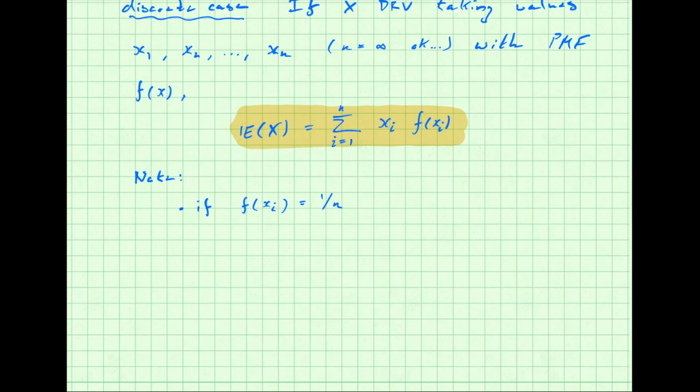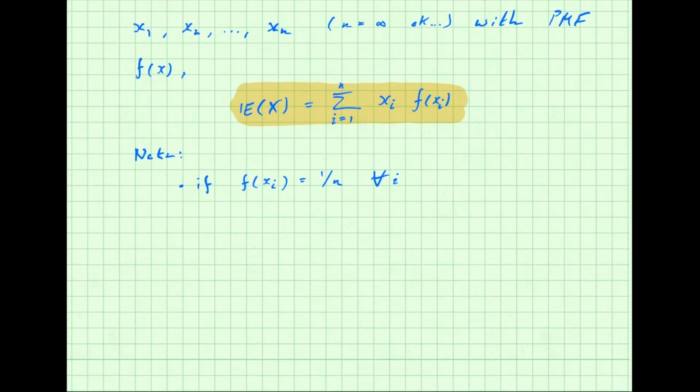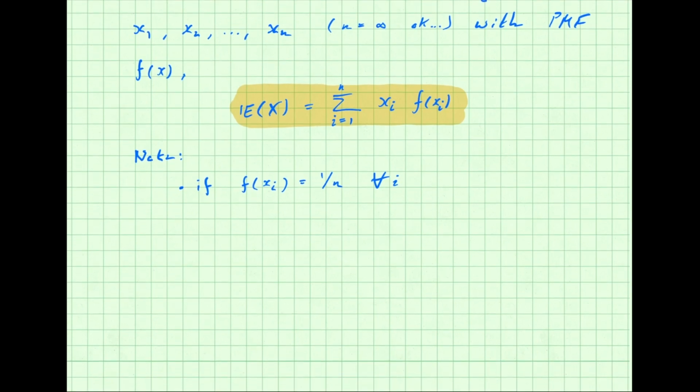So suppose that f of xi were 1 over n, for all i values. That means that each of the values of x is equally probable, with probability 1 over n. Then, if you look at that equation for a while, the expected value of x should look somewhat familiar.